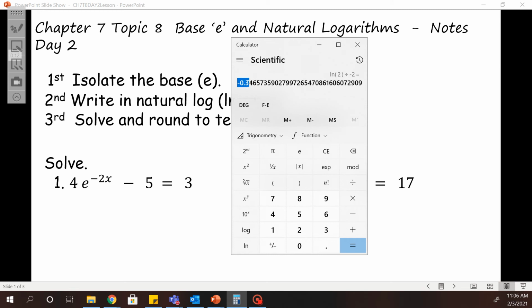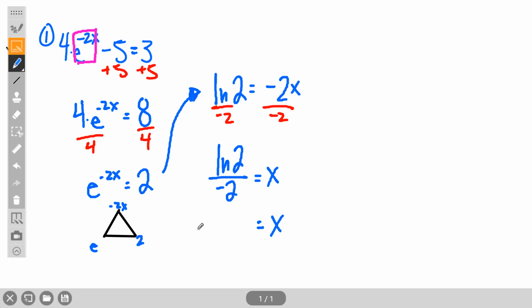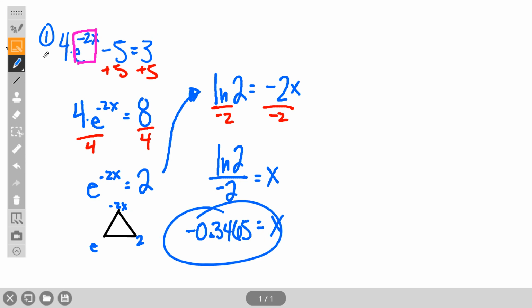Tenths, hundredths, thousandths, ten-thousandths. So negative 0.3465. That will be my solution to number 1.